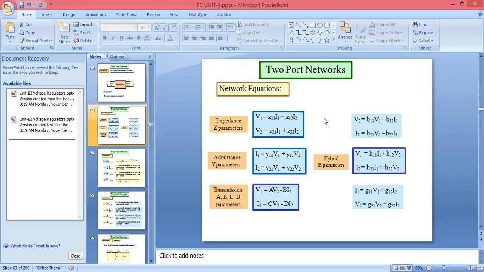For example, if you see the H parameter, these are used to define the characteristics of a transistor like input impedance, output impedance, current gain, voltage gain, all these things. By knowing the parameters, we can judge the stability of a particular network for some applications.